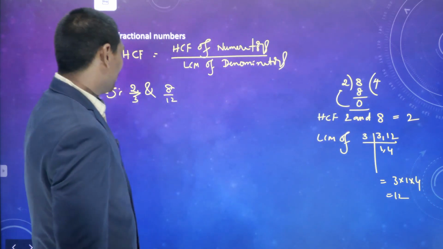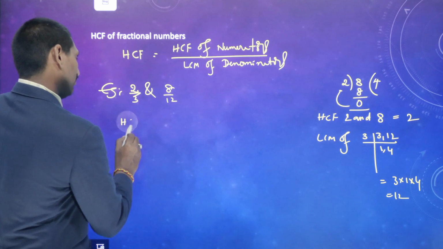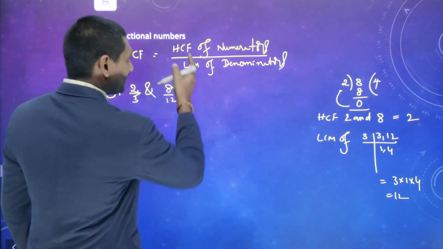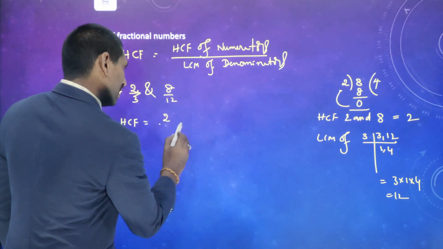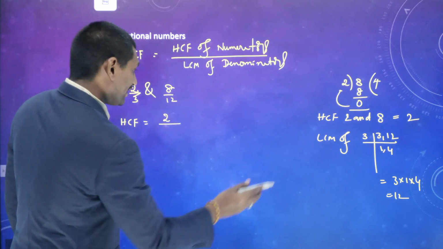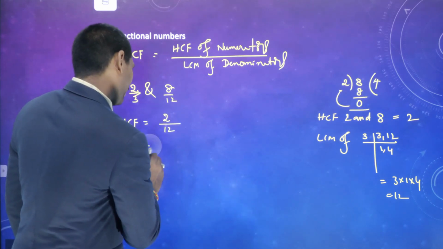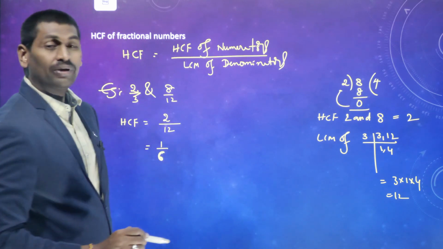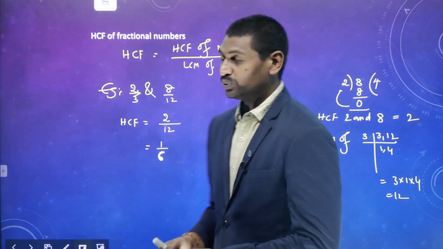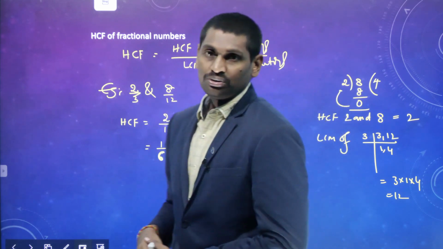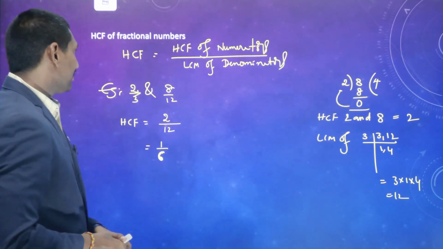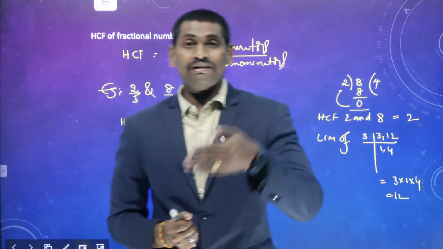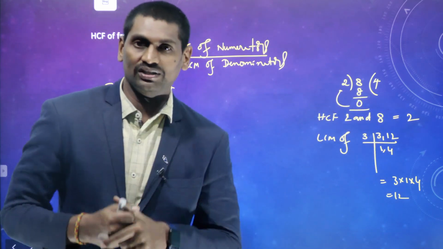So the HCF of 2 by 3 and 8 by 12 is the HCF of numerators, 2, by the LCM of denominators, 12. After cancellation, 1 by 6. Both numerator and denominator can be cancelled by 2. Clear? So this is the way to find out the LCM and HCF of fractional numbers.